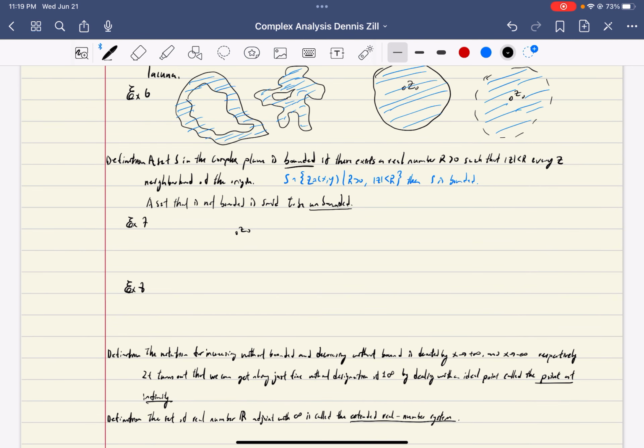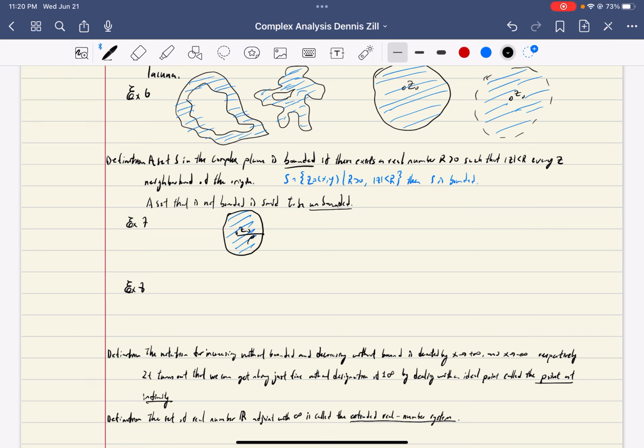Let's make it solid, that is a closed disk about z0, and it certainly has this radius ρ.